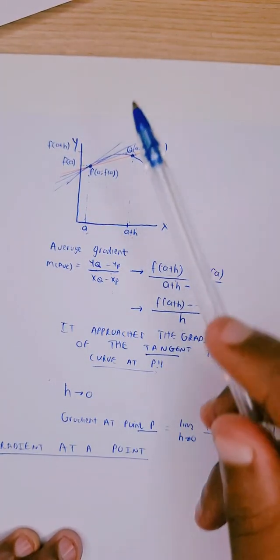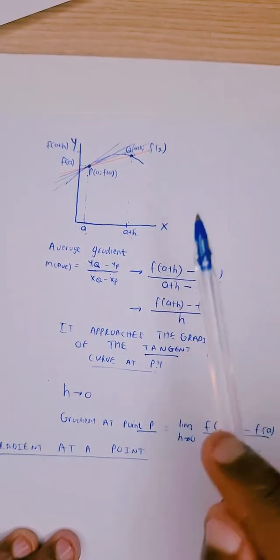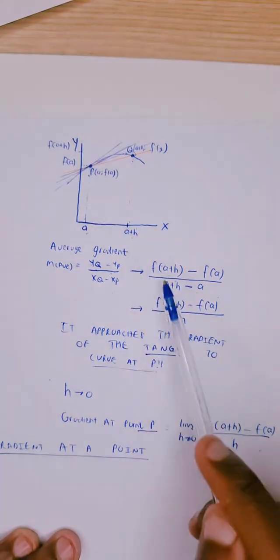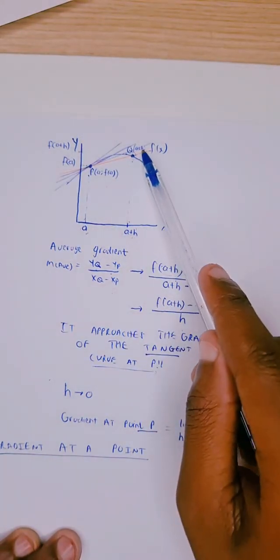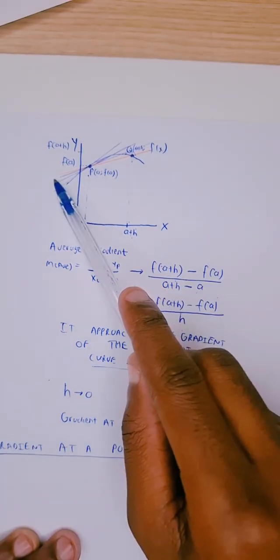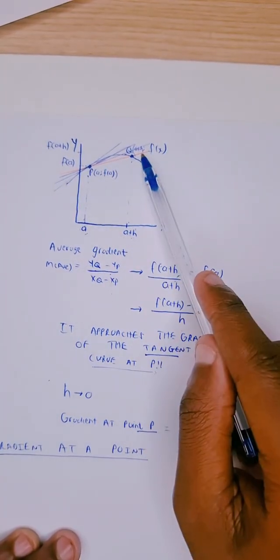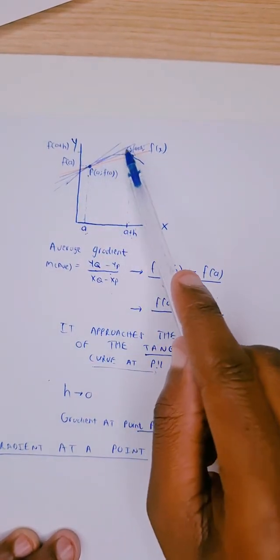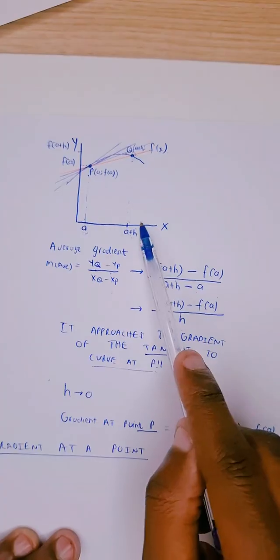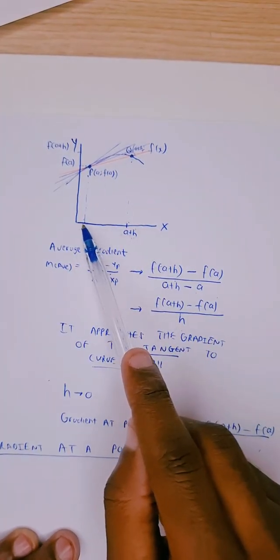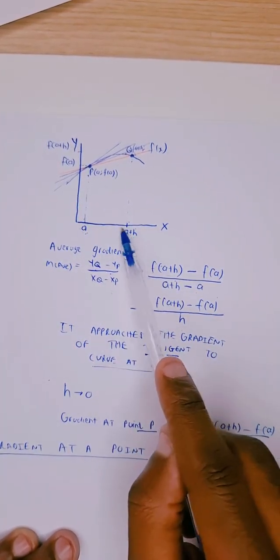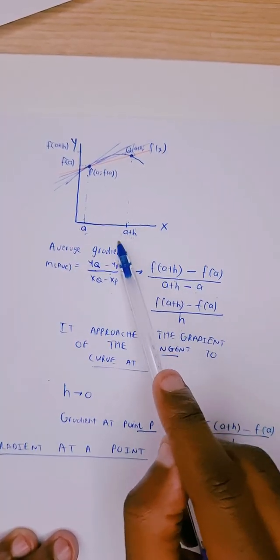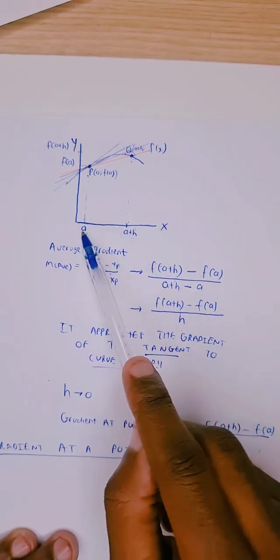But to specifically find the gradient at a specific point on a curve, we can incorporate the concept of average gradient. First understand that these 2 points horizontally are h distance away from each other, the x values that is, from left to right. It's h distance away from a.